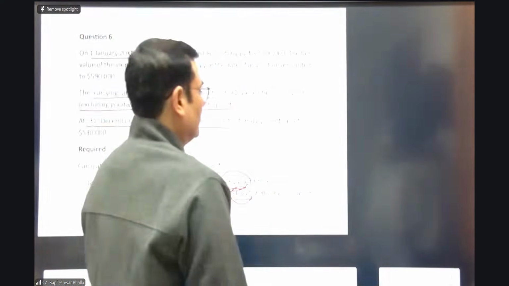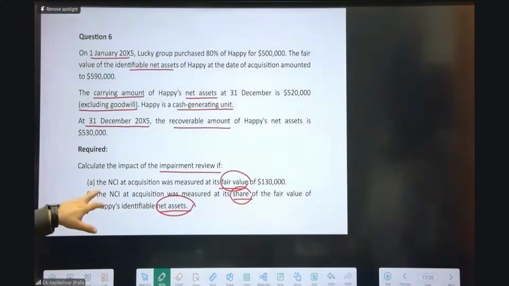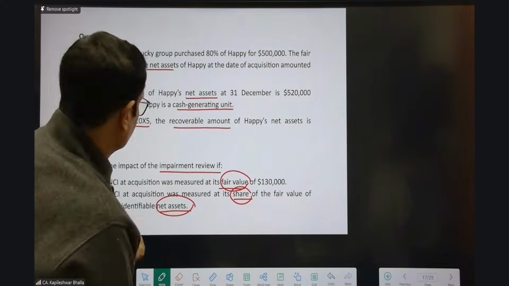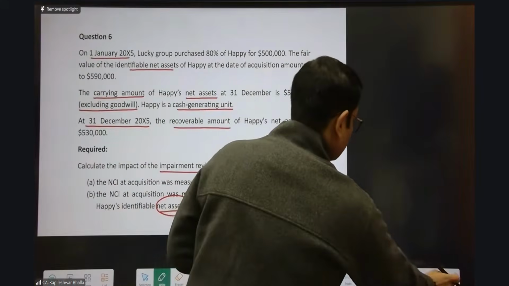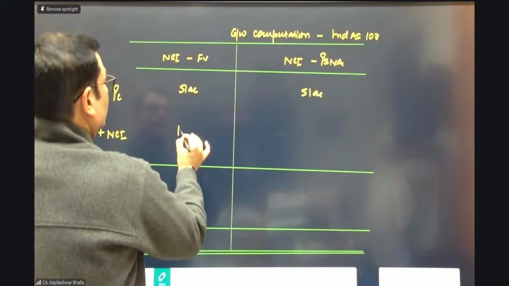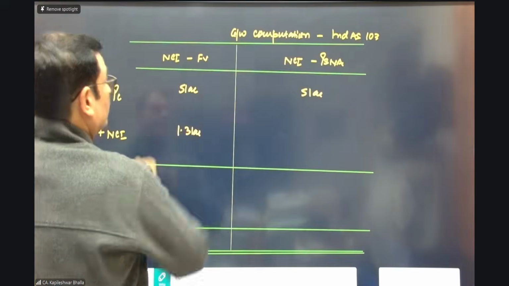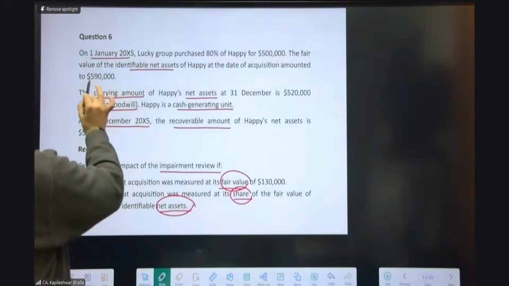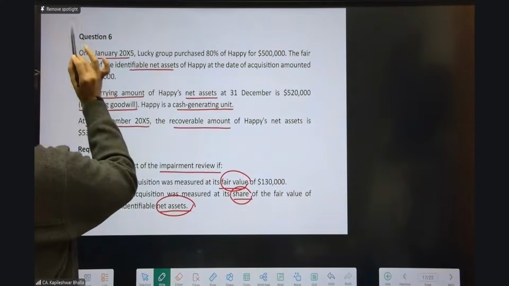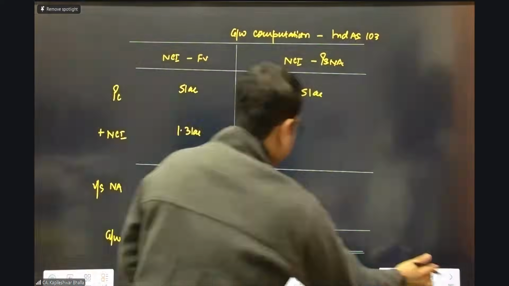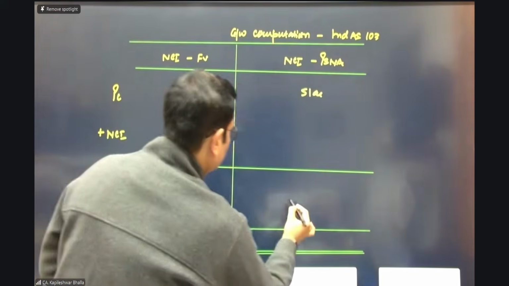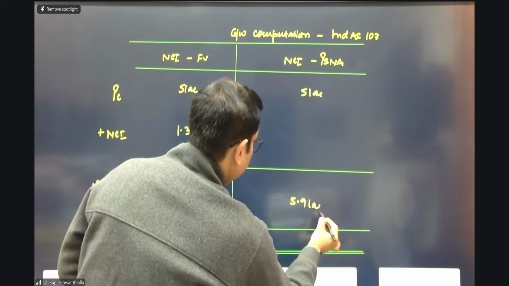And then if I come to the NCI in the requirement of the question, the fair value is given as 1 lakh 30, so the fair value is 1.3 lakh. Net assets is also given in the question: the fair value of the net assets on the date of acquisition is 5 lakh 90. So here we can take the net assets at 5.9.